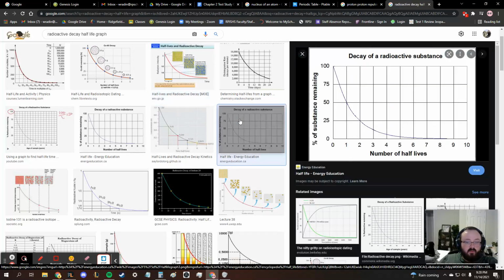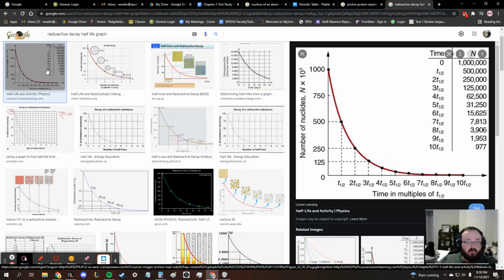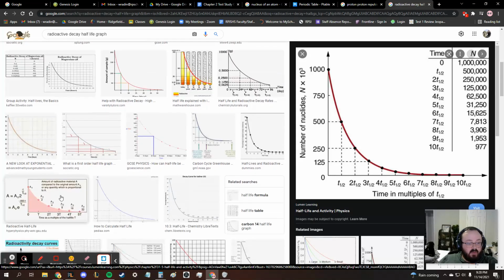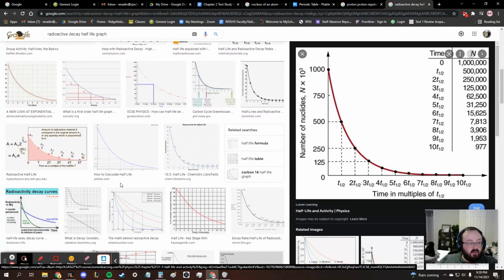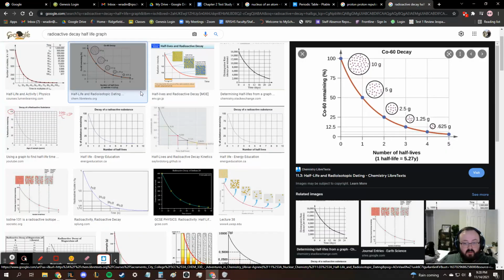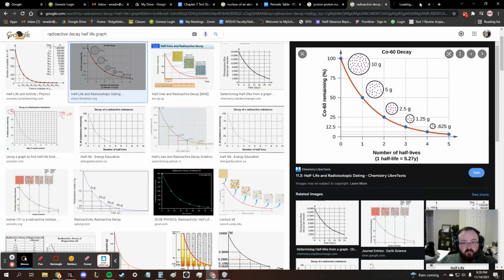Well, I want one that's a little bit more specific. These graphs kind of suck. I might make one just as a rule. Well, this is the one that I used on your lab, so I'll just use it here.